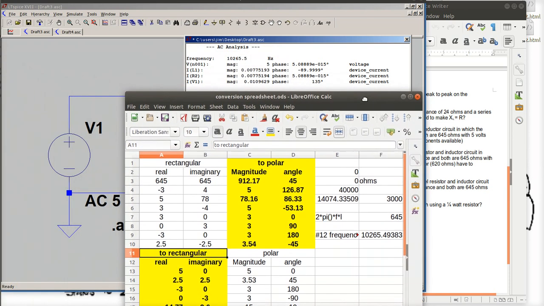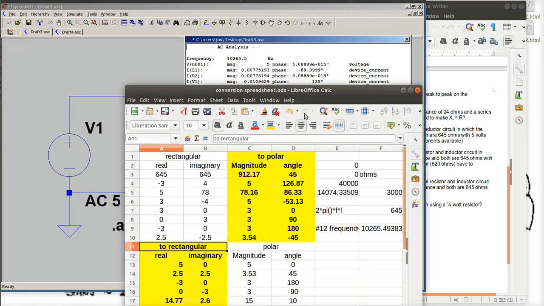Okay, I can probably do it this way. There we go. So we got the magnitudes of the currents. I'm going to do everything in milliamps.